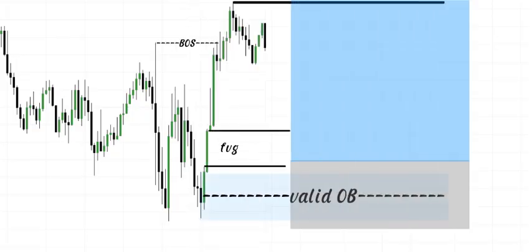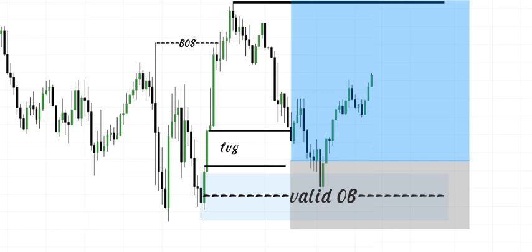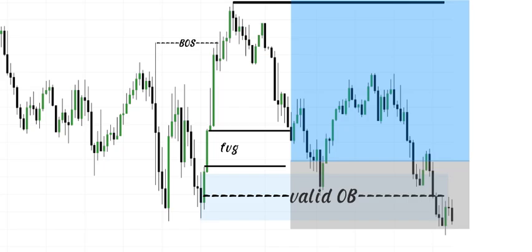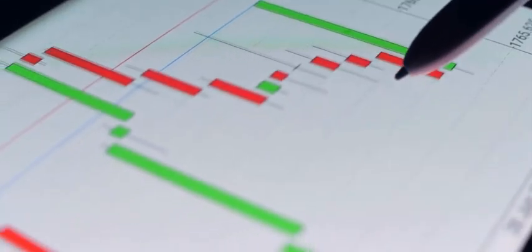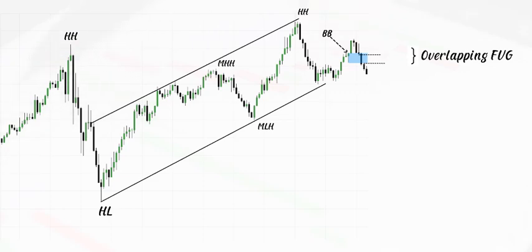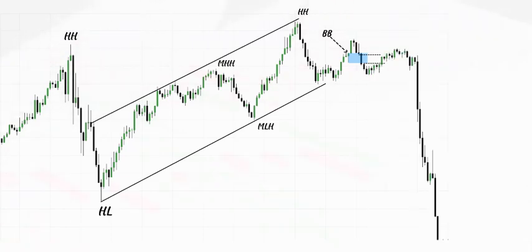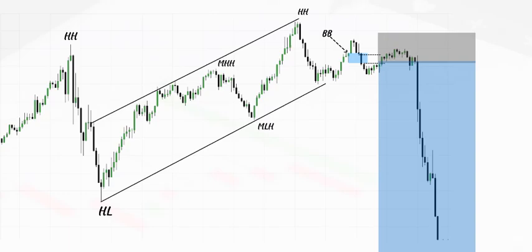Reversals are what keep most traders from placing a continuation entry in the market. They keep asking, what if the market reverses? Well, what if I told you today that there's an ICT trading strategy that combines precision and high probability setups to spot these reversals with ease, and make profits off of them with an insane risk-to-reward ratio?